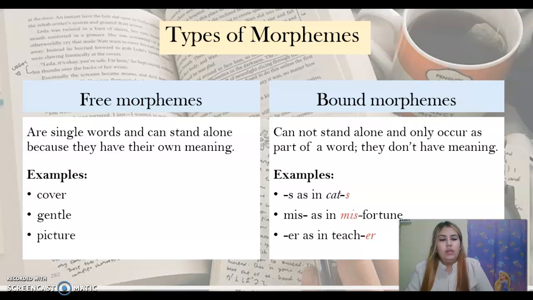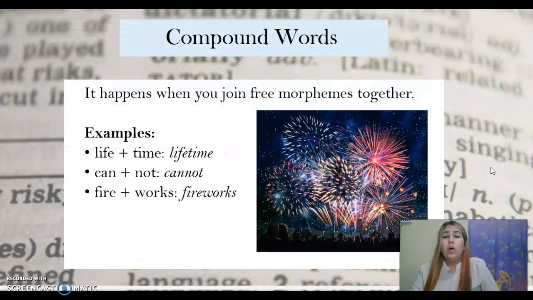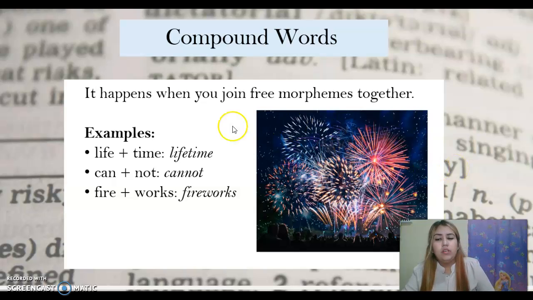So now let's see what compound words are. Compound words are related to morphemes because, as you can see, they happen when you join free morphemes together. How? Okay, we have here some examples. Here I have two free morphemes, because as I already explained, free morphemes are the ones that have their own meaning.